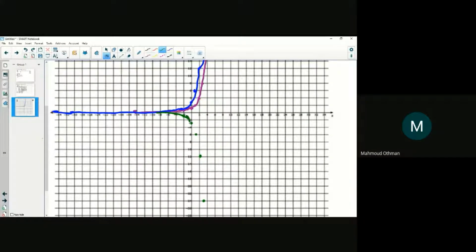Connect that. And then you get this graph that looks like this, that's in green. And the y-intercept is 0, -3.